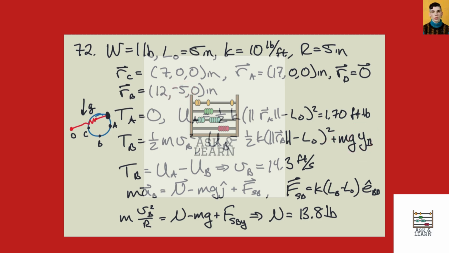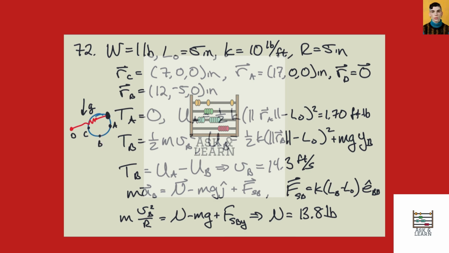To figure out the velocity at B, the kinetic energy at B must equal the difference in the energy at A and B, and that gives us a velocity of 14.3 feet per second.